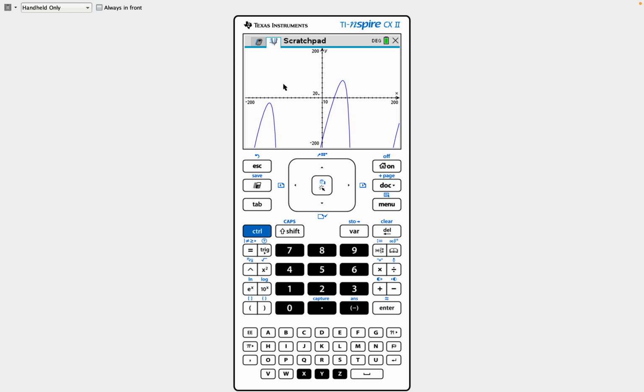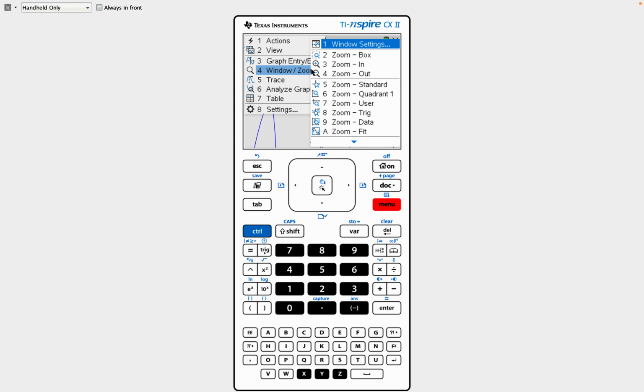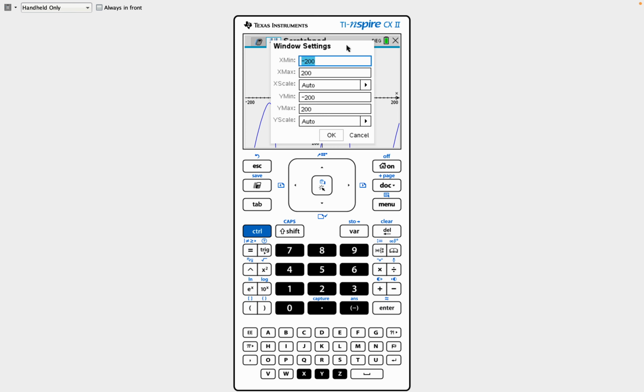And what I'm seeing right now is a graph that doesn't have a particularly convenient window for me to look for the zeros. I see that the zeros would be somewhere here and there, but I want to zoom in a little bit. So what I'm going to do is go to Menu, Window Zoom, Window Settings, and for my x value, well, time wouldn't be negative, so I do not really need to go that far.